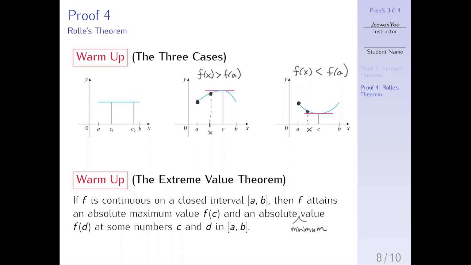One thing I didn't mention in the second case is that f of b also cannot be a local max. F of b in the third case cannot be a local minimum too because we are assuming that f of a and f of b are equal to each other. Okay, let's jump right in.